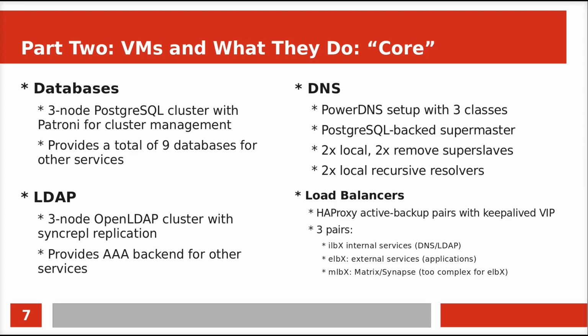And finally, the last 2 of the 7 are these 2 local recursive resolvers that I have. I separate the recursive lookups for all of my clients and VMs from the authoritative servers that actually provide my authoritative DNS, and those resolvers get handed out by DHCP to do lookups.